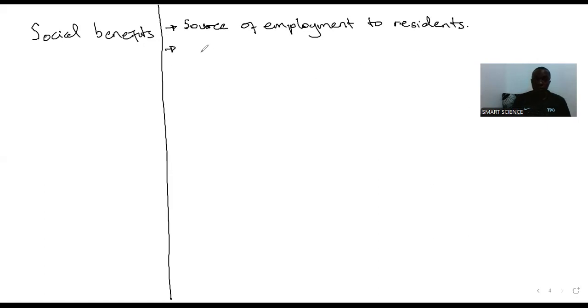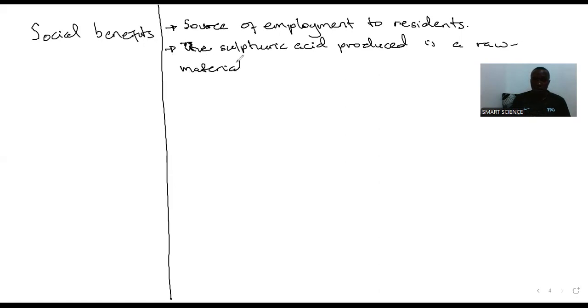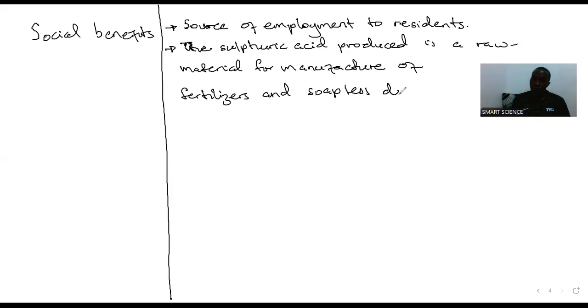Number two, the sulfuric acid produced is a raw material for manufacture of fertilizers and soapless detergents.